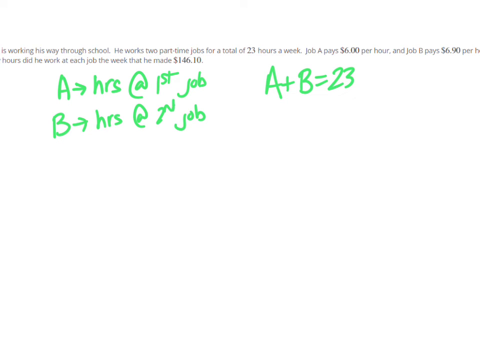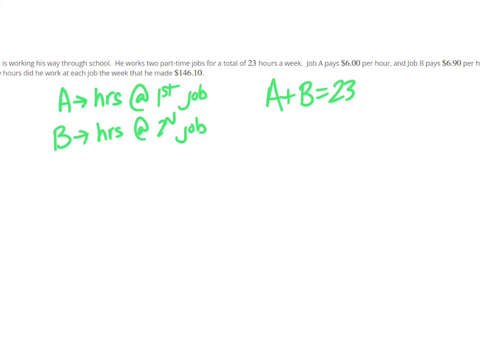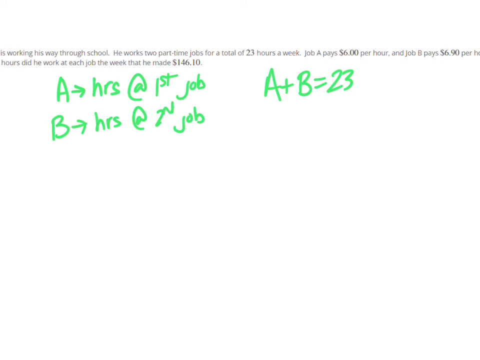And then the next equation is a little messier. It's going to talk about money. Job A earns him $6 for each hour. So to see how much money he made at job A, I would do 6 times A. That's how much money he made at that job. And job B pays $6.90 for each hour.